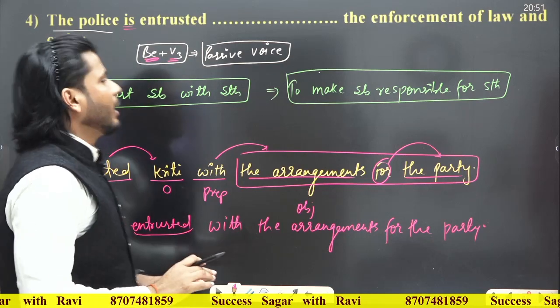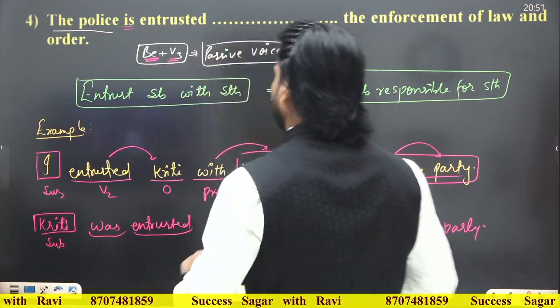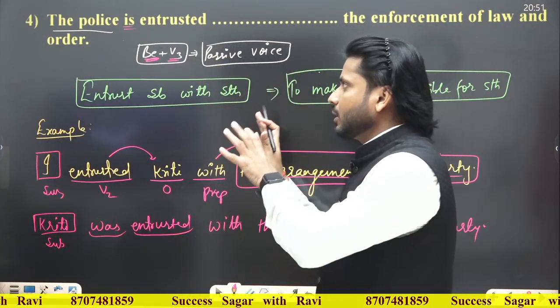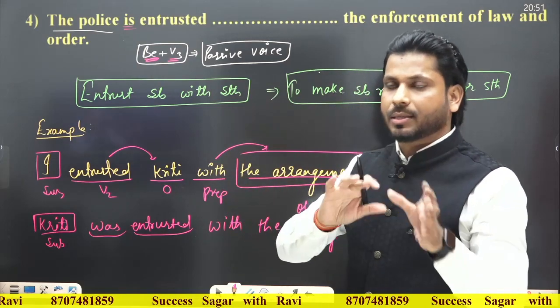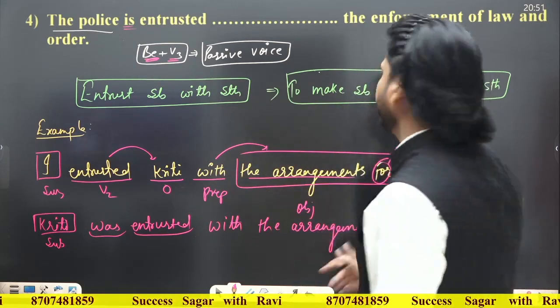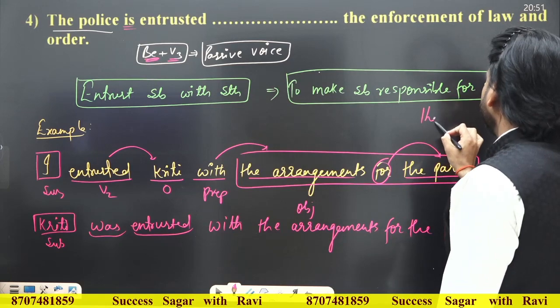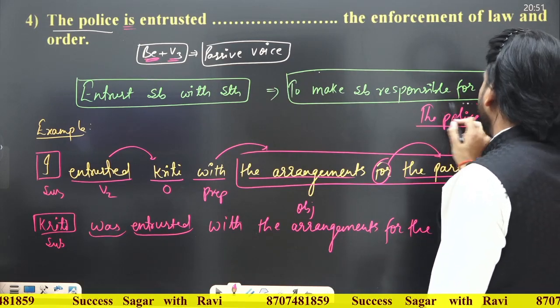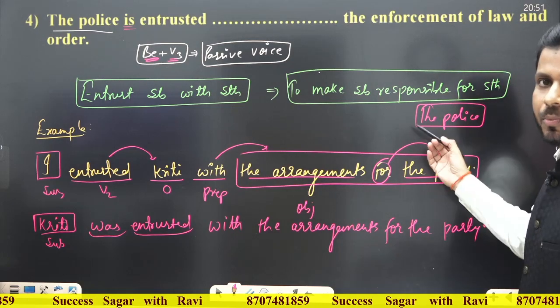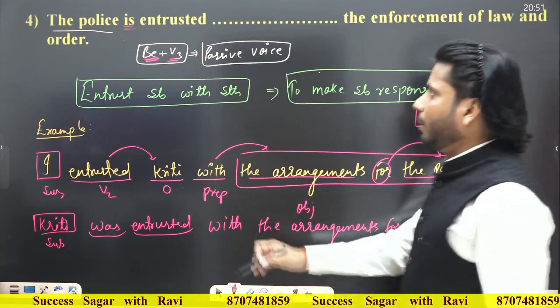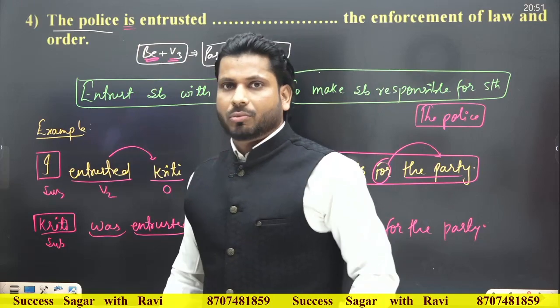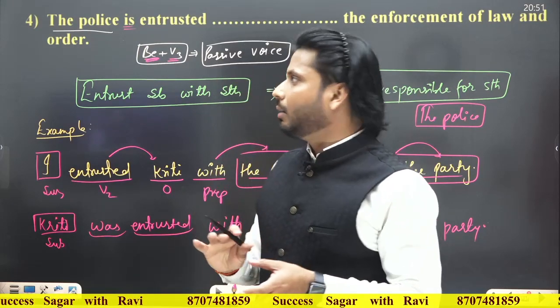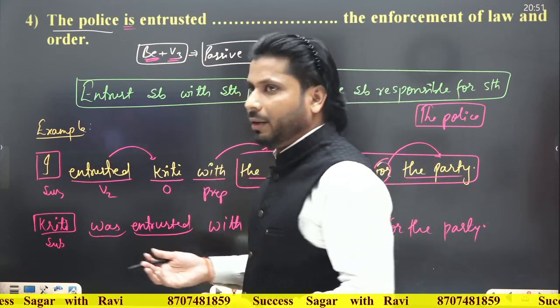Okay, my dear friends, I would like to tell you something about the given sentence. Though this particular question is taken from the UPSC site, still I would like to tell you something. The police is a term that is always considered plural. If it is plural, the verb will always be plural. But in the given sentence, it is not. So there is some grammatical correction required for the given sentence.